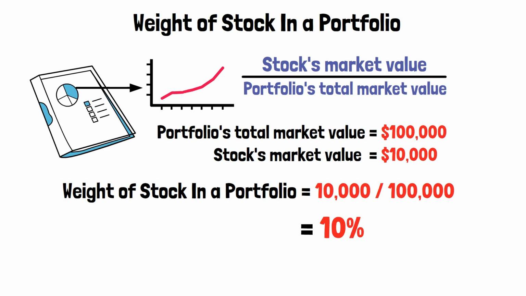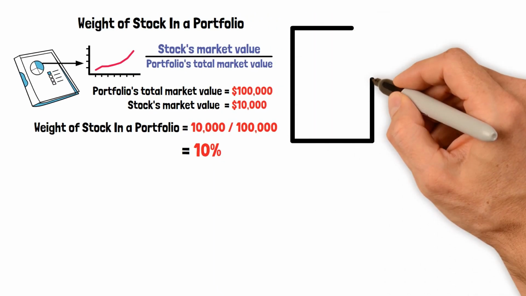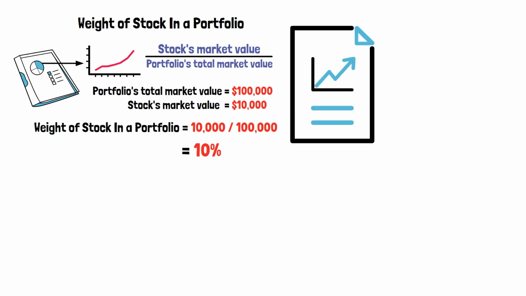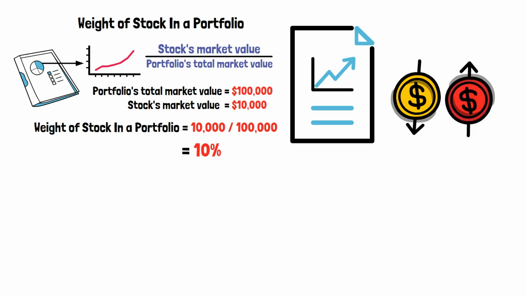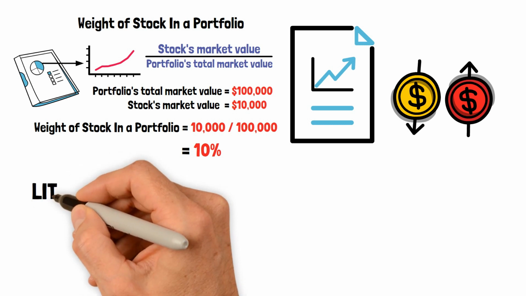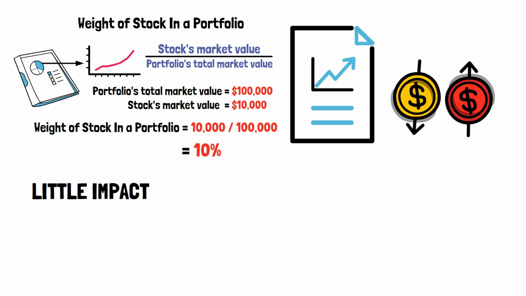The weight of a stock in a portfolio can significantly impact the portfolio's performance. A stock with a high weight can significantly affect the portfolio's overall performance if it experiences significant gains or losses. On the other hand, a low-weight stock may have little impact on the portfolio's overall performance, even if it experiences significant fluctuations in price.